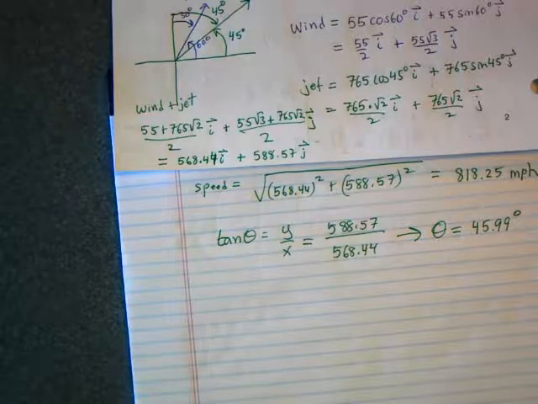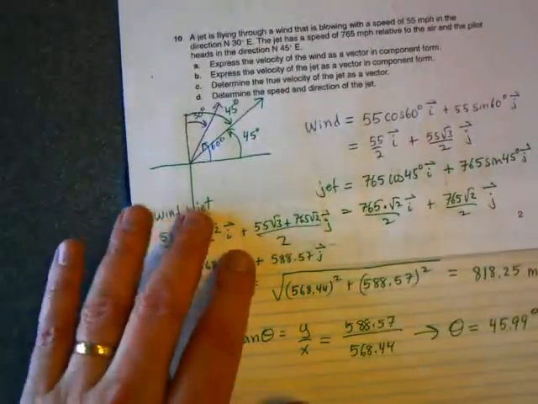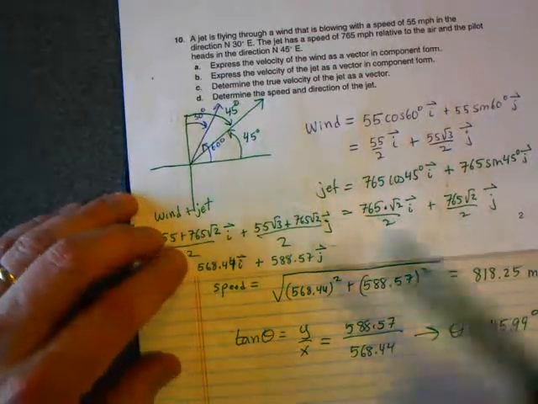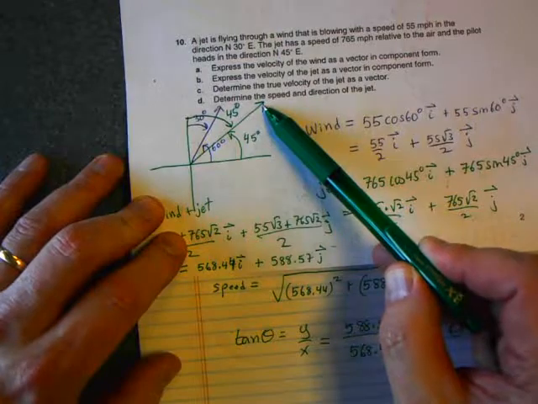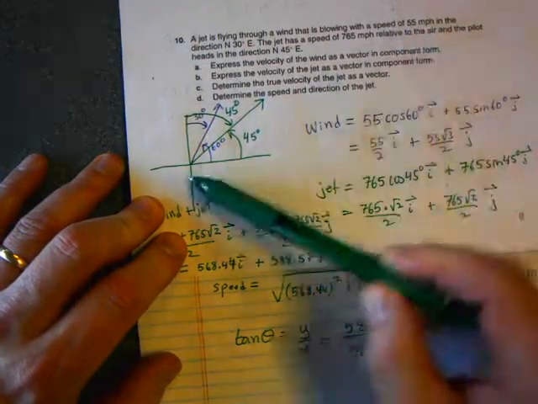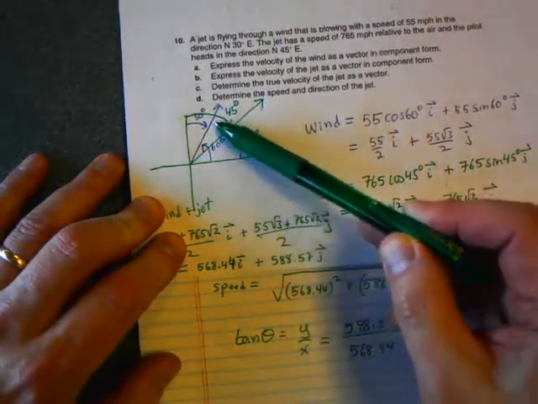Are those answers believable? 818.25 miles an hour. Is that a reasonable answer for this jet plane? Well, look at the picture. Think about what's happening. The plane is flying at 765 miles per hour all by itself. The wind is mostly behind it, isn't it?